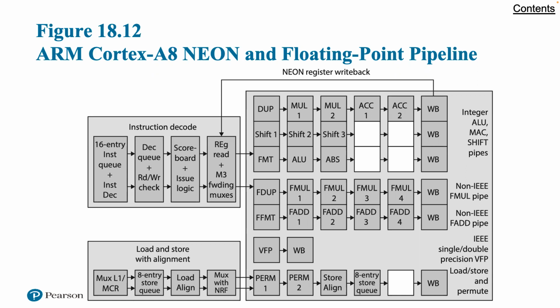A vector floating point VFP coprocessor performs floating point operations in compliance with the IEEE 754. If the coprocessor is not present, then separate multiply and add pipelines implement the floating point operation.